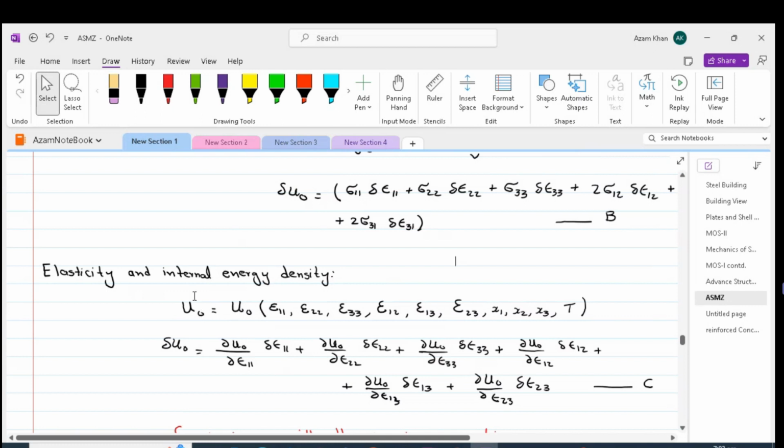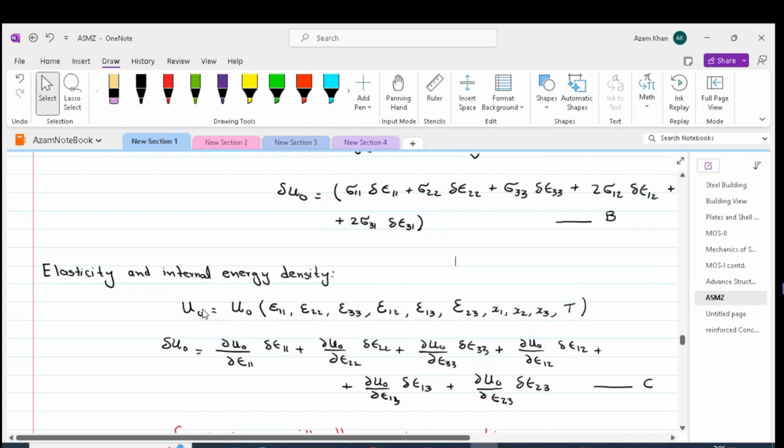We said that the internal energy is actually the potential energy of the internal forces. Therefore, the internal energy is related to the strain components, and we can express the so-called internal energy density in terms of the six components of strain, the position, temperature, and also time.